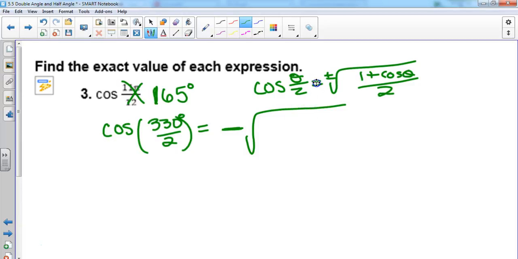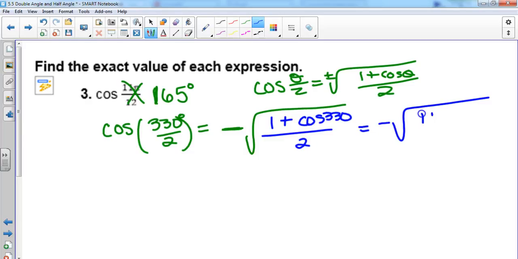Okay, the plus or minus never just gets to stay a plus or minus. You have to decide, is it a plus or is it a minus, when you're calculating values anyway. 1 plus. What is the cosine of 330? Square root of 3 divided by 2. How did we get this to look a little bit nicer last time?